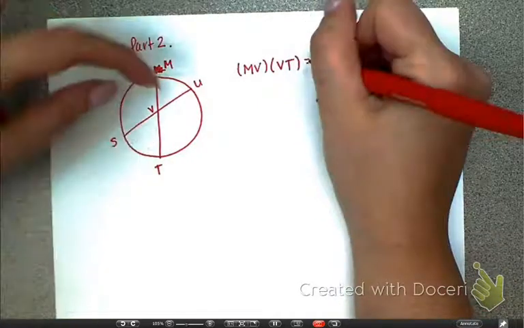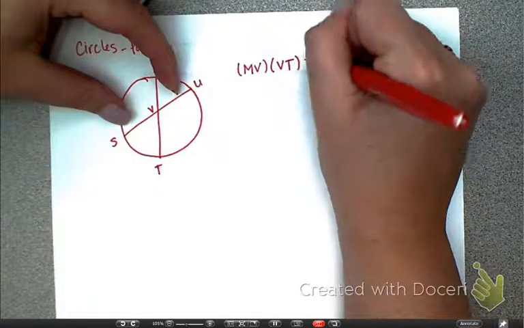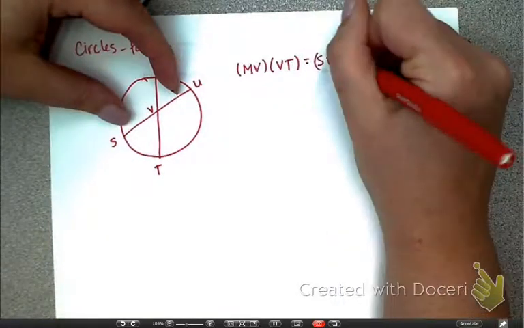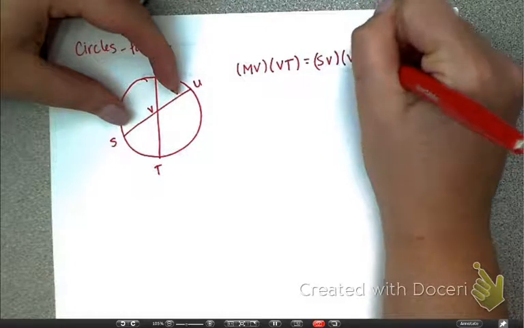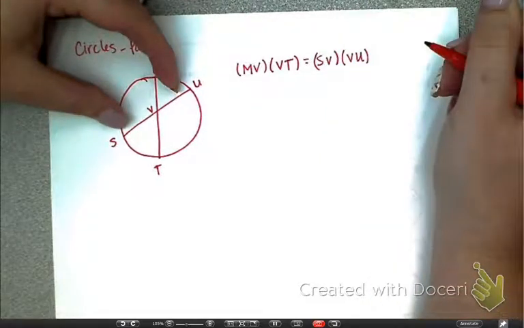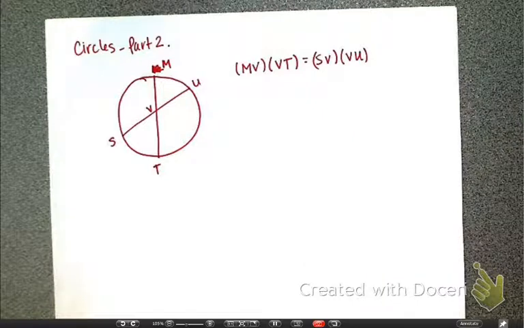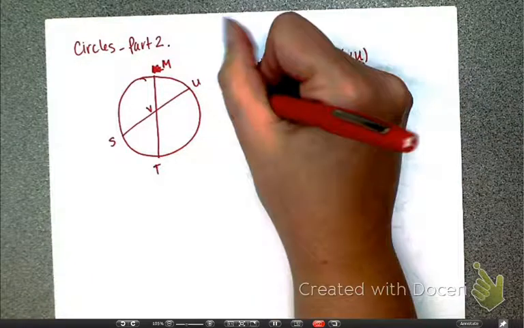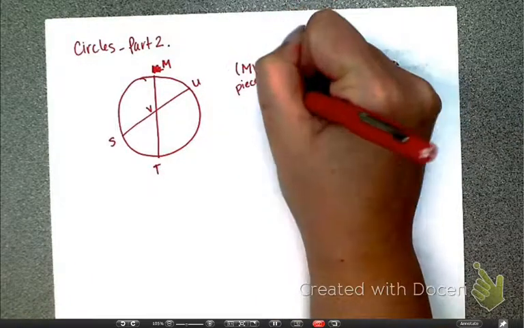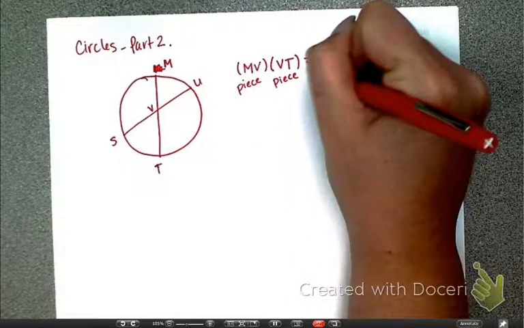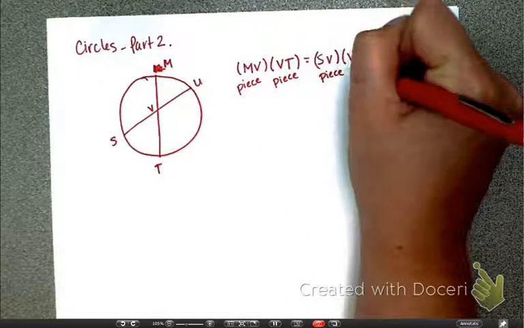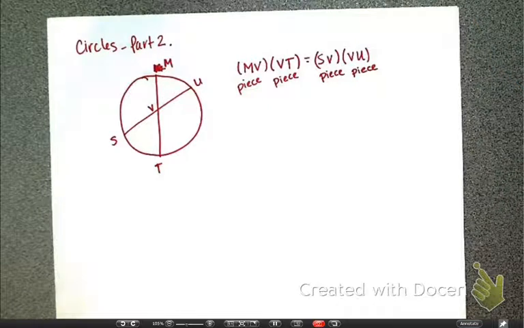Equals SV times VU, the piece times the piece. Okay, so it's piece times piece equals piece times piece.